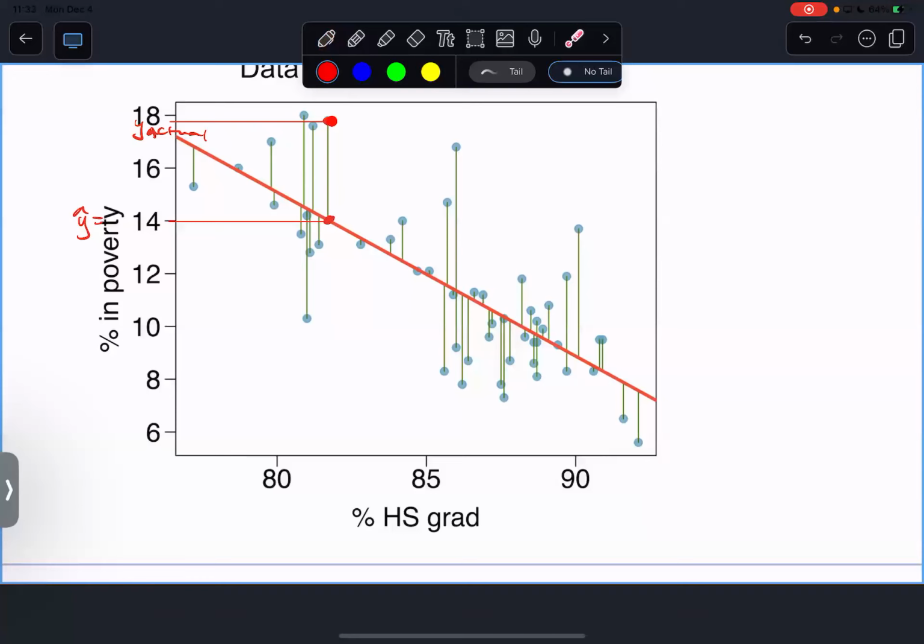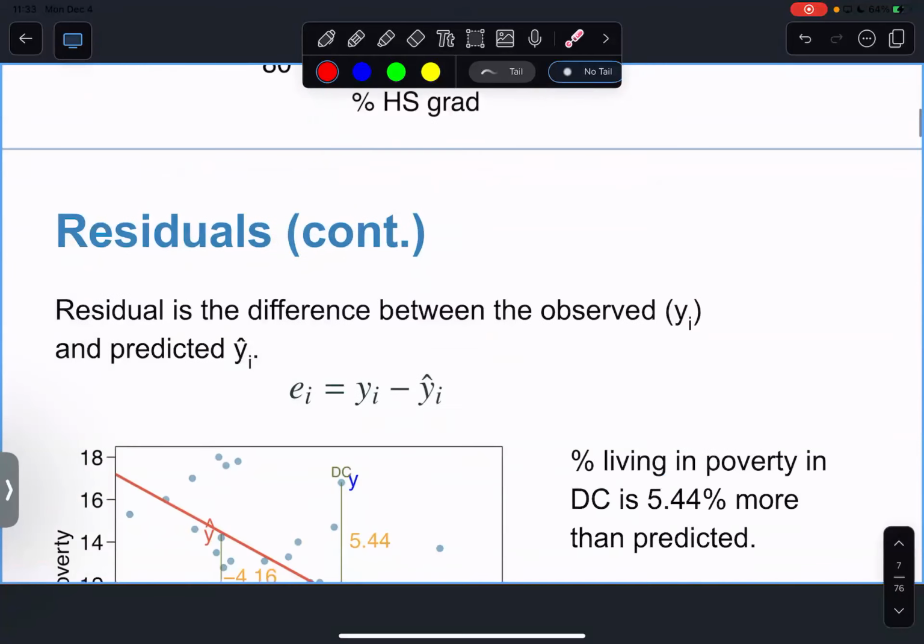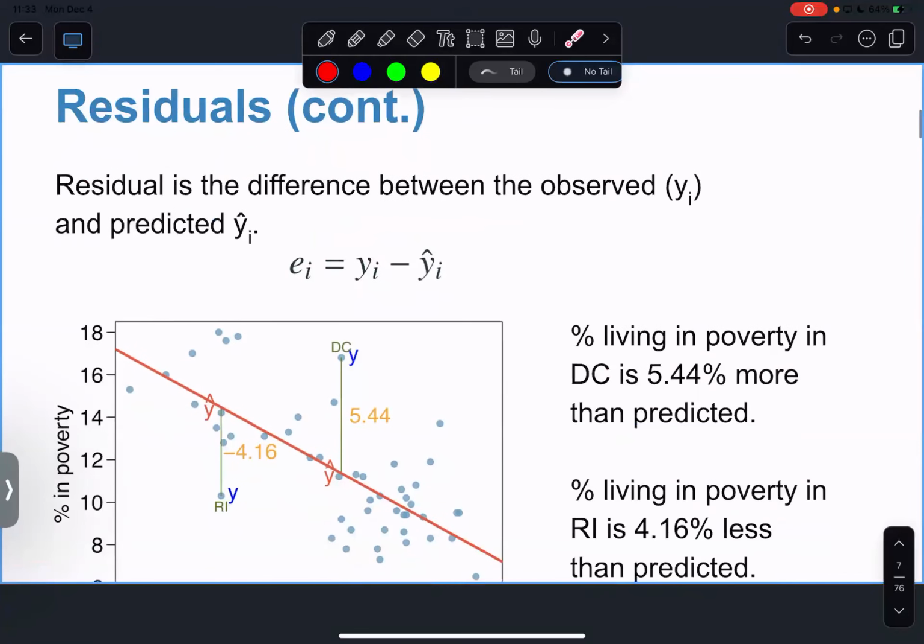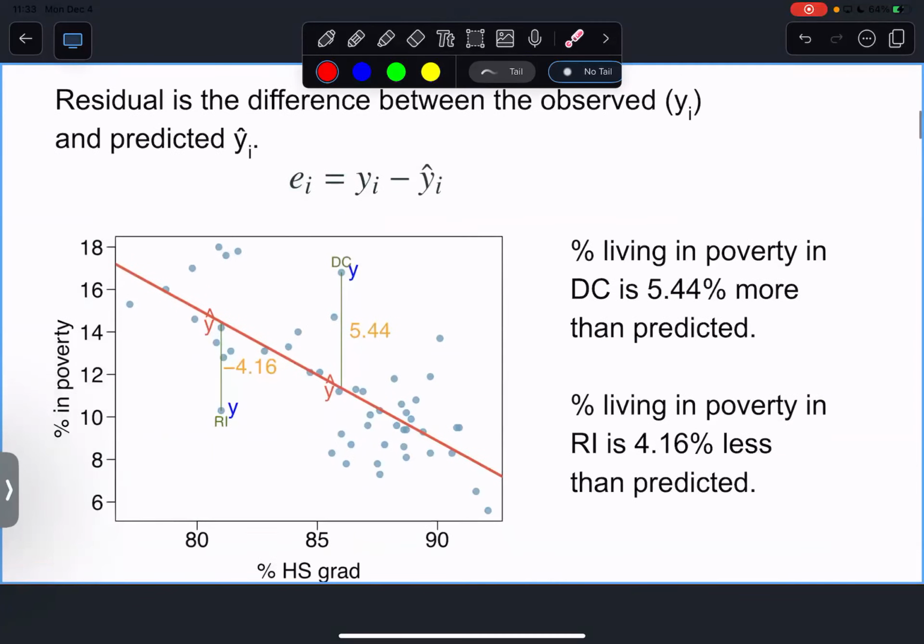If I have this point in my data set, then I can use that same value of x to calculate the predicted value of y, and then I can find the distance between the two. I mention that because there's a question on your assignment where you have to do it. It's not something I'm going to get you to do on the final exam though.